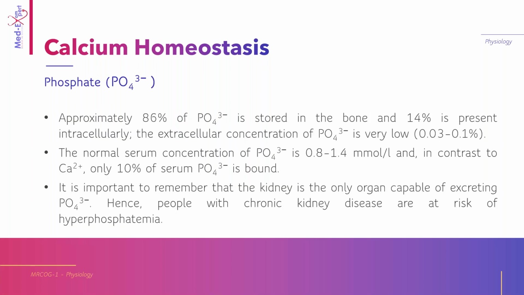Approximately 86% of phosphate is stored in the bone, and only a very low part is found extracellularly, from 0.03 to 0.1%. It's important to remember that the kidney is the only organ capable of excreting phosphate. So any person with chronic kidney disease is at risk of hyperphosphatemia due to the inability to excrete phosphate.